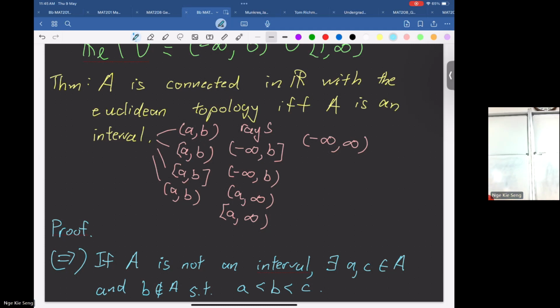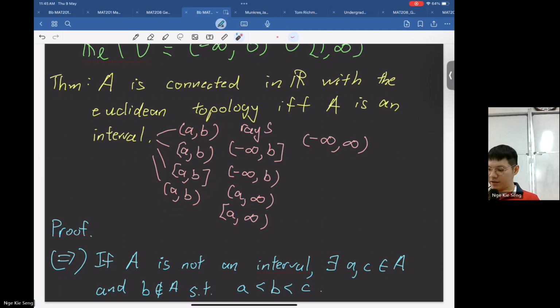If you are not an interval, then there are two points inside your set such that there is a point in the middle that is not in the set. Negation of the definition of interval.